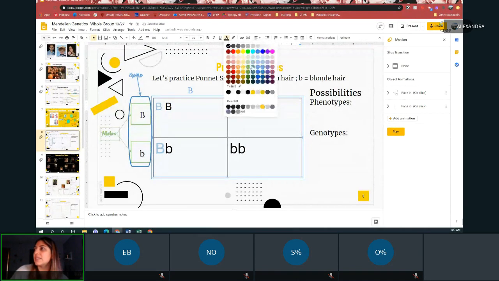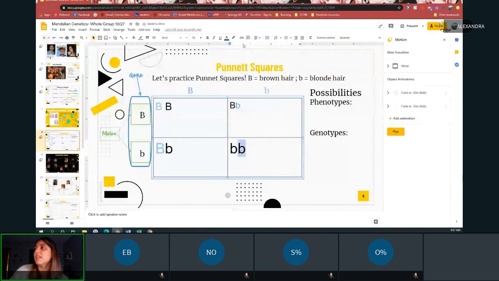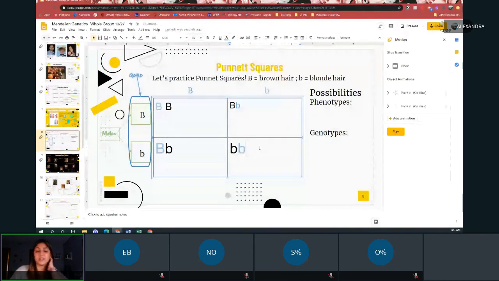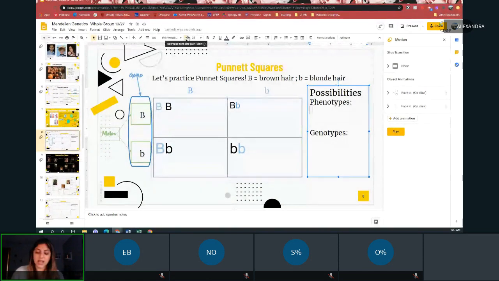These are the combinations between the male and the female, like sperm when it meets the egg. They're going to have different genes, right? And so this is where we're getting those letters from. And just like Emmett said, the only possible phenotypes are going to be brown or blonde.